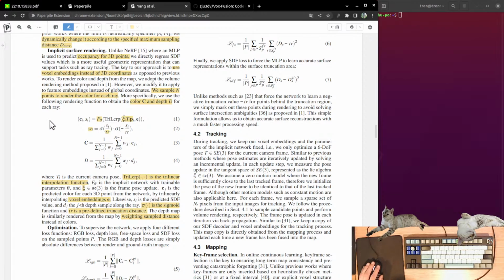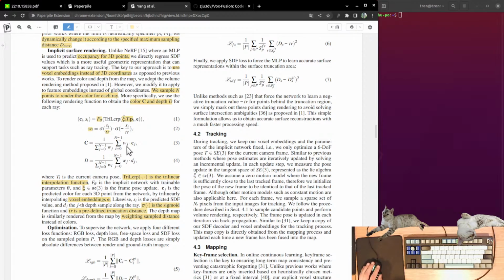So we have our neural network here, which is outputting our color and the signed distance function. Then we take this signed distance function and divide it by a truncation distance, and we have the negative version of that distance function over the truncation distance. We put those through a sigmoid, multiply them. That's going to be our weight.